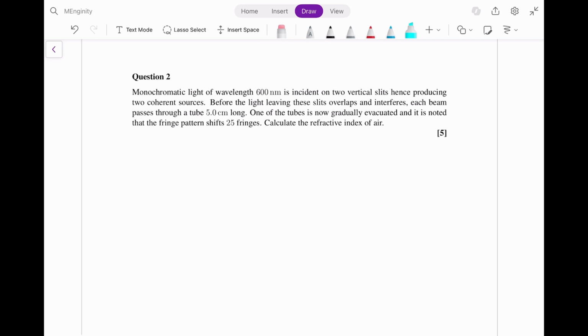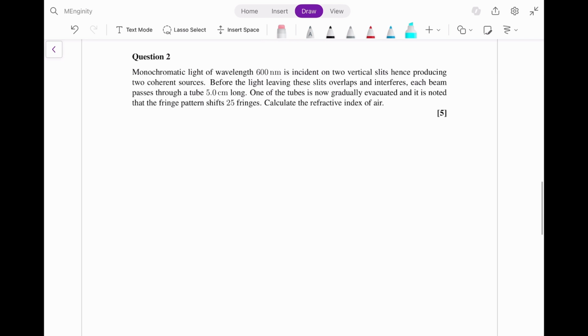And then the idea is that the fringe pattern shifts 25 fringes, so that basically means that there's a path difference of 25 wavelengths. And then the question wants to calculate the refractive index of air. So, okay, this is what I'm thinking.